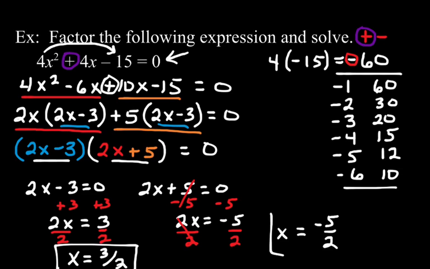And again, I believe that on the computer, they usually want those in fractions. So if you want to get used to just leaving it as -5/2, if you want to use your calculator to reduce, that's fine. But I think, if I remember correctly, most of the time they want this in fractions. So those would be your two answers. And I think you just put in like a 3/2, comma, and then -5/2.